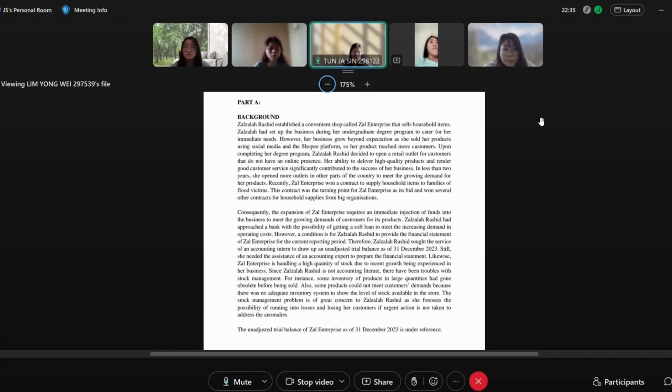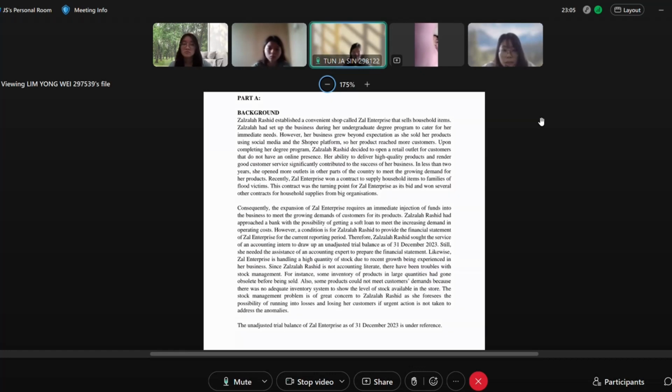The background is giving that the person called Zazala Rashid established a shop called Za Enterprise, and a condition for Zazala Rashid is to provide the financial statement of the enterprise for the current reporting period. Therefore, he sought the service of an accounting intern to draw out an unadjusted trial balance as of 31 December 2023.